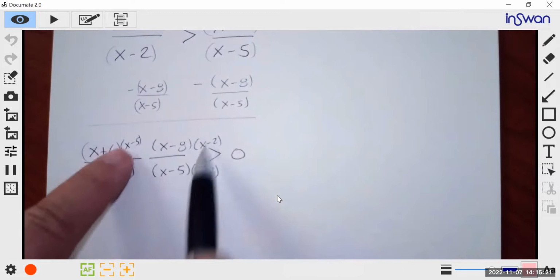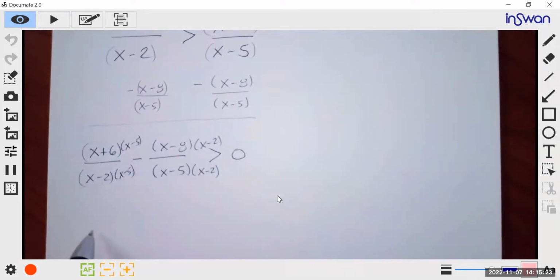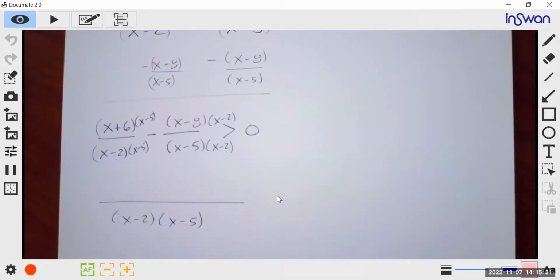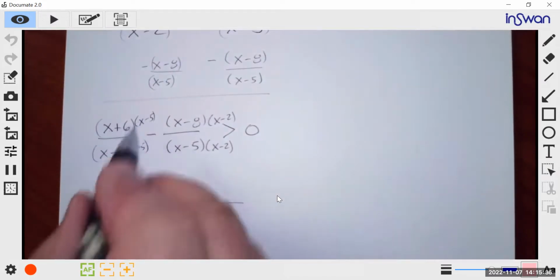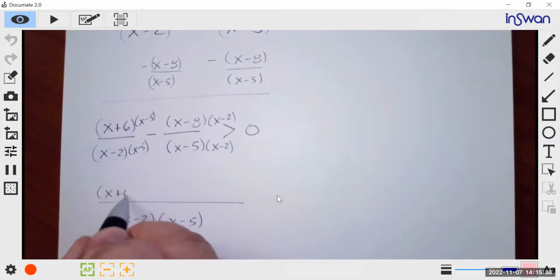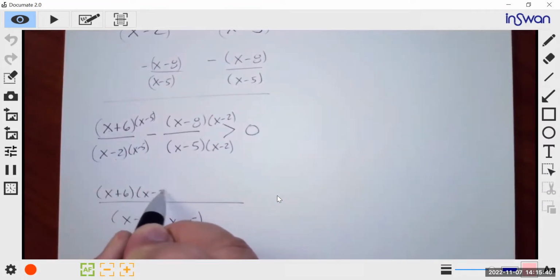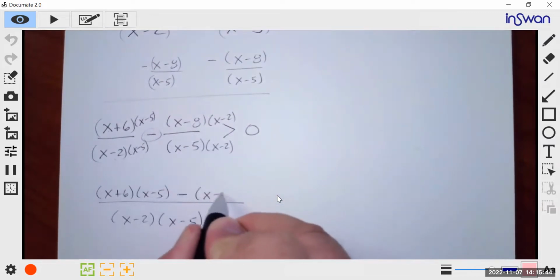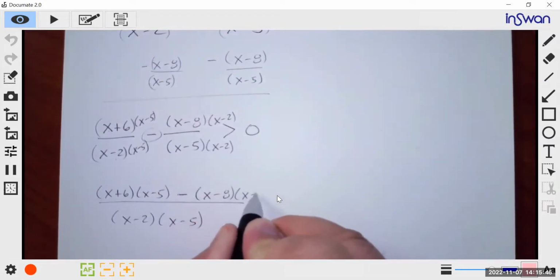I'm multiplying both of these numbers by 1 so that the denominators are both (x minus 2)(x minus 5). I'm changing the way they look, not their values. So this one is (x plus 6)(x minus 5), minus (x minus 8)(x minus 2).